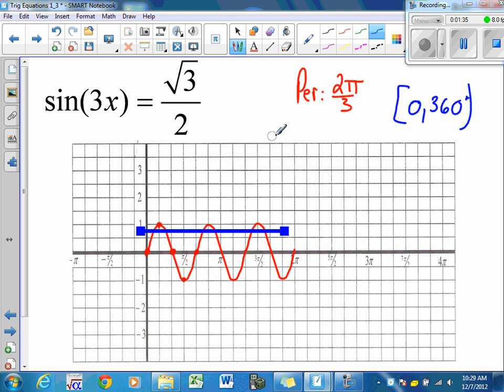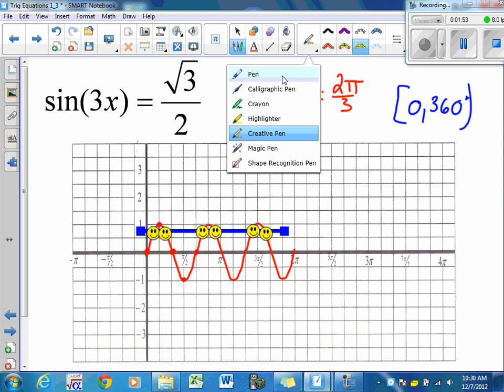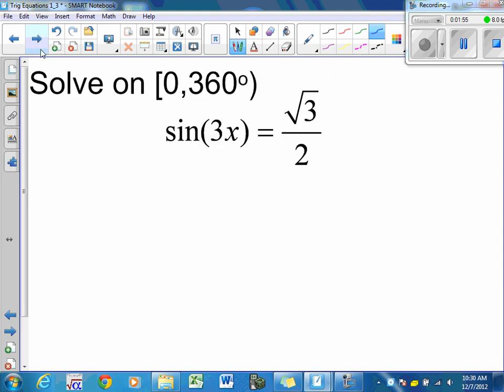I now have 6. 1, 2, 3, 4, 5, 6. So how can I find all 6 answers? I have 3 times as many because of that 3. So let's look at how we could do that.